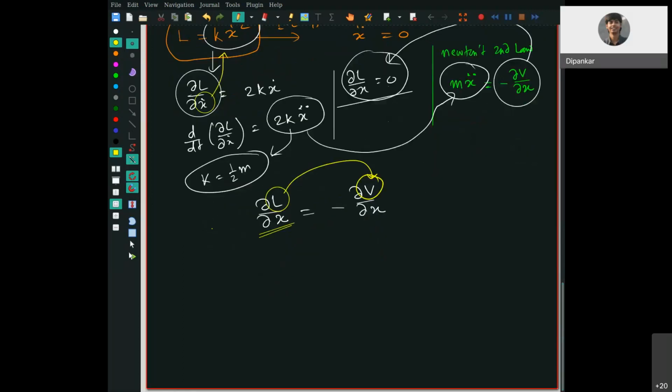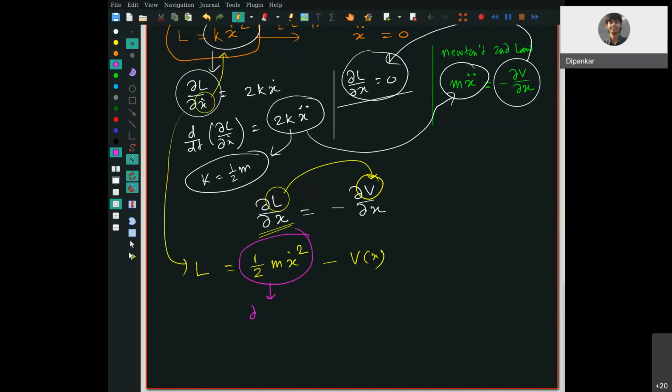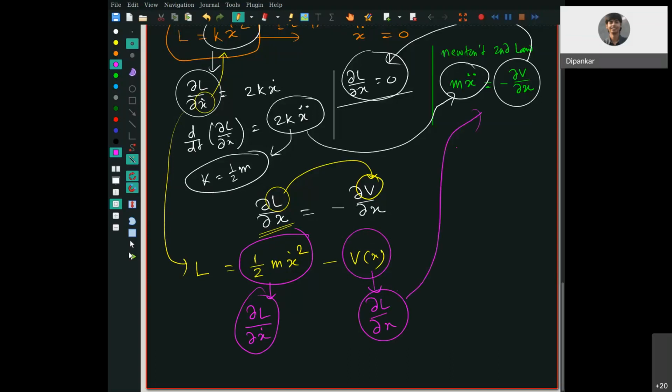So from these inspirations, I write L equals half m x dot square minus V of x. And you see, both of these are satisfied. Del L del x dot comes from the first term, and del L del x comes from the second term. So this contributes to del L del x dot, and this contributes to del L del x, and as a result you get Newton's second law.